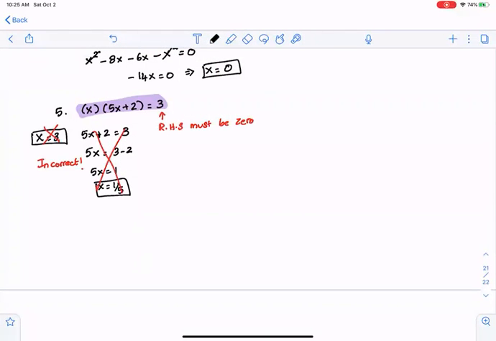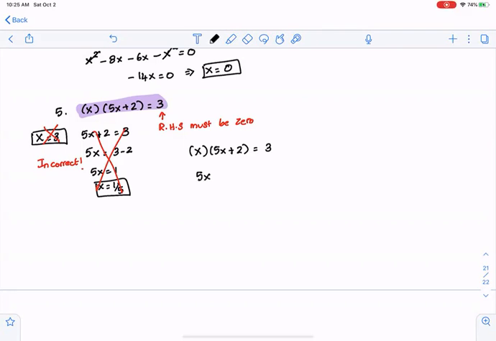So our first step must be to make sure that we have the right-hand side as 0. So we have x times 5x plus 2 equals 3.